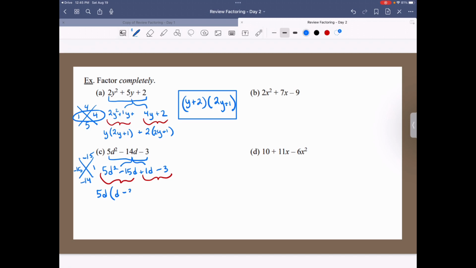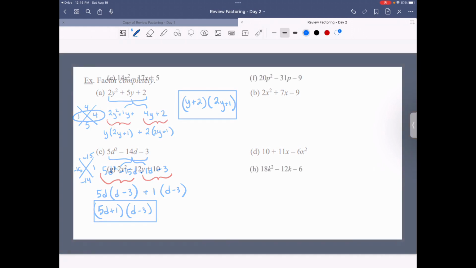Minus 3. Then here, there's nothing we can factor out, but we need something for the grouping to work, so I'm going to put a 1. And we have d minus 3. All right, so the d minus 3 is in parentheses, and the 5d plus 1 is in another set of parentheses. Box your answer. Okay, I'm going to pause for us to do B and D.